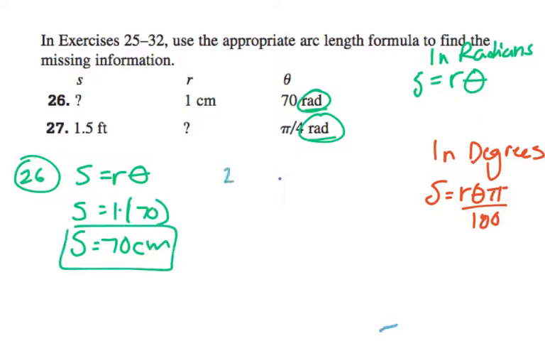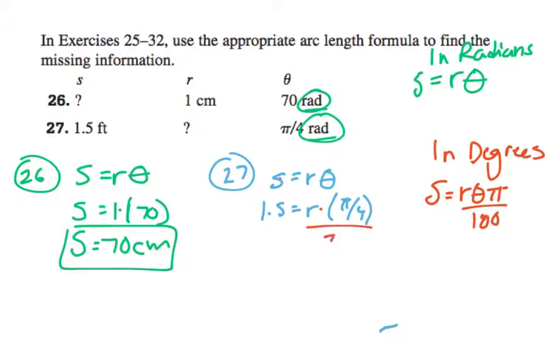Alright, and then number 27, again, s is r theta, and so s is actually 1.5, r we don't know, and theta is pi over 4. And so to solve, that multiplier is going to be divided. And so, let's see, what am I trying to do?